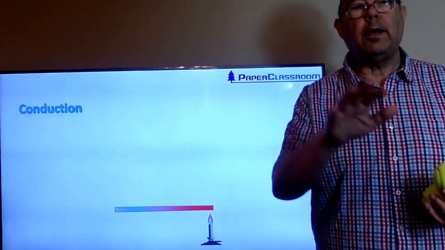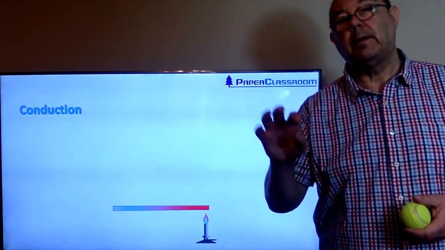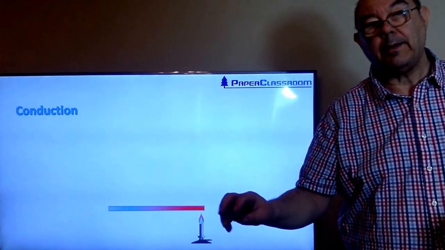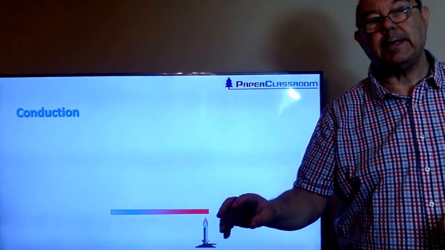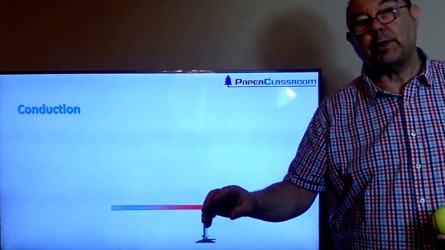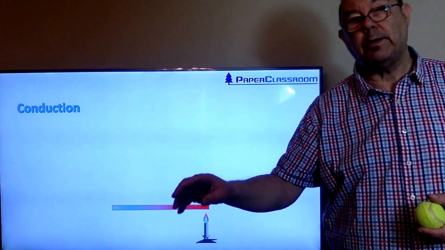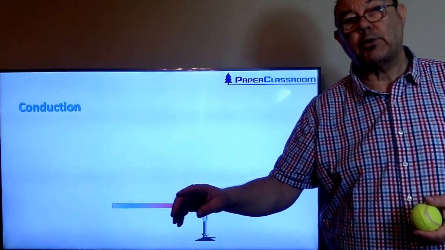And as you see with that bar there, you've started off here where the energy is very high because this is where you're putting all the heat in, and each molecule is transferring some of its energy via the vibration mechanism to the next one and the next one and the next one. It's got to about there.